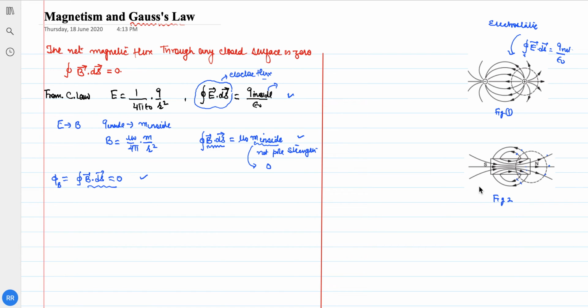This is what Gauss law for magnetism is, which shows that magnetic monopoles do not exist.